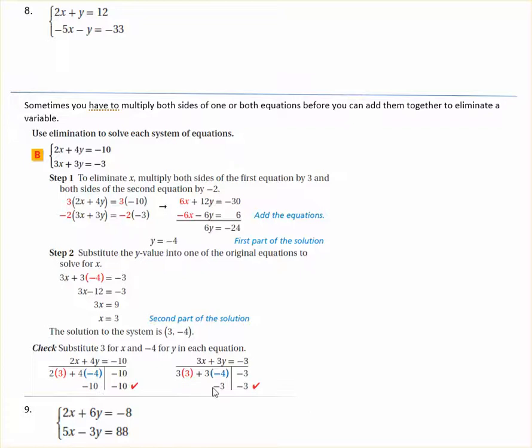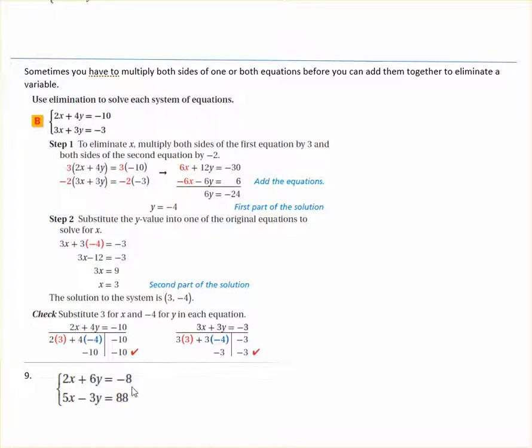So we can't add these together yet because if you added these together now, you would get 7x plus 3y equals 80. That doesn't help us because we still have an x and a y. Our goal in solving systems is to get one equation with one variable so that you can find the value of that variable and then go back and find the other one.